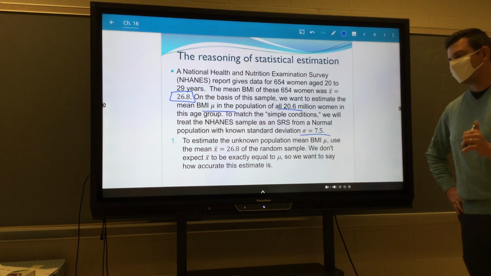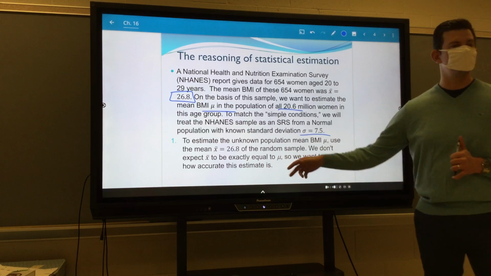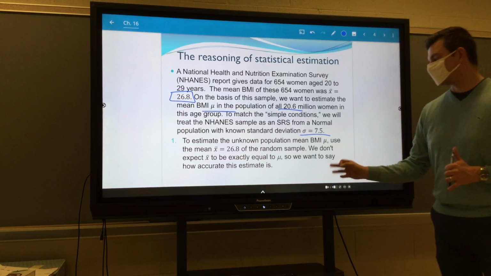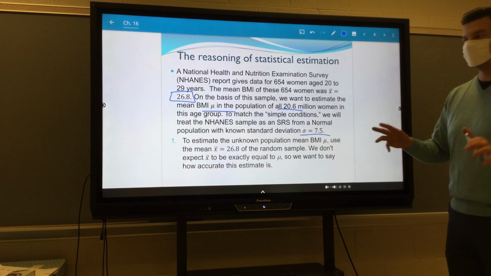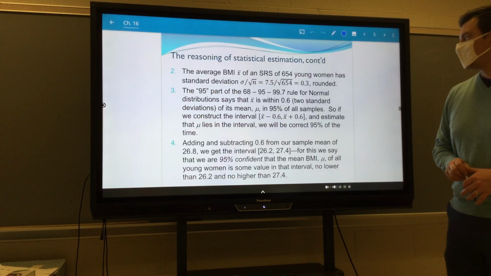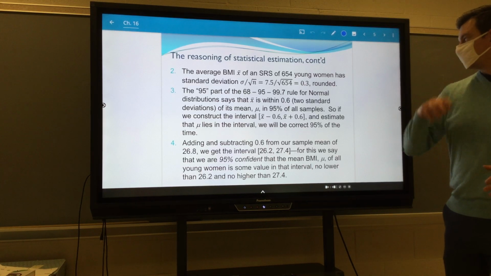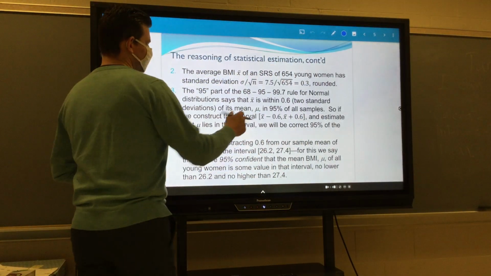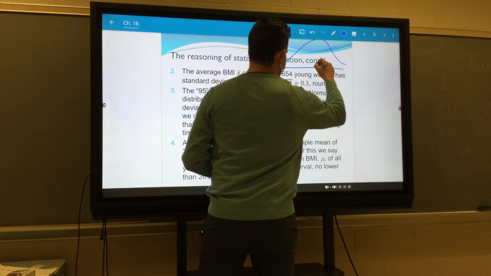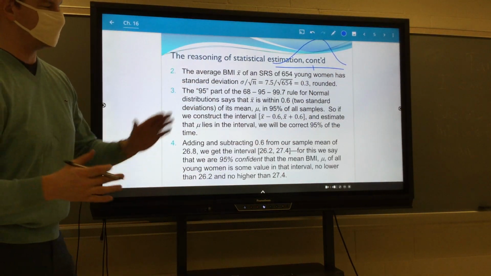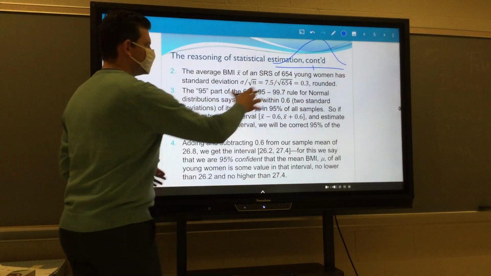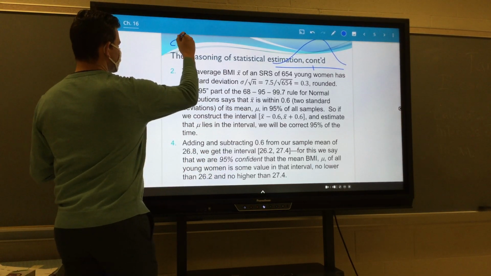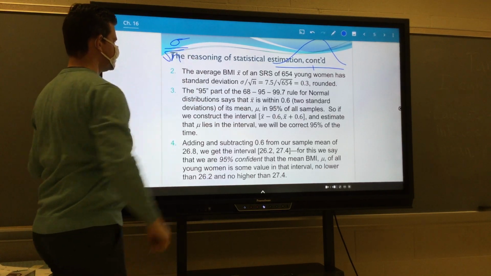We don't expect X bar to be exactly equal to mu, the population's mean. So we want to say how accurate this estimate is. So what we could do is look at a sampling distribution. We just spent last week talking about our sampling distribution where that population's mean can go right there at the center, and the standard deviation step size for that distribution is found by doing sigma divided by the square root of n.